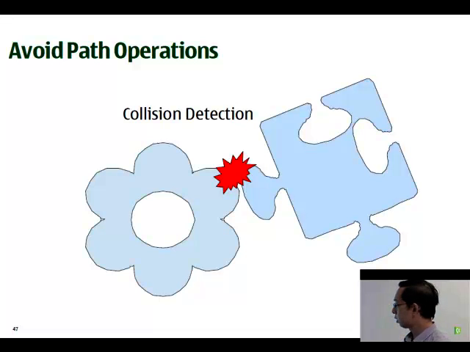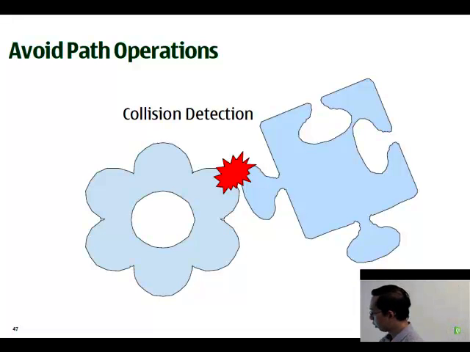So in this case, if you move this a bit and every single time you try to intersect it with the other item, it will be very expensive. Same goes for clipping.